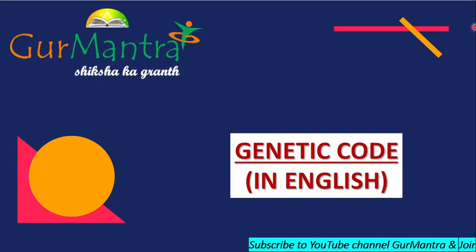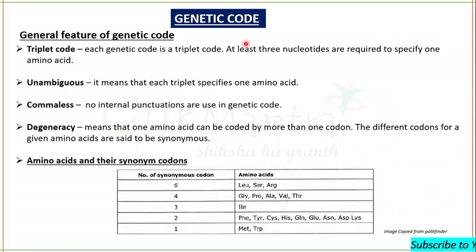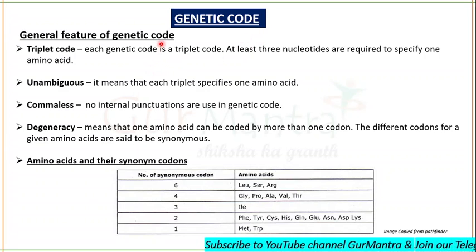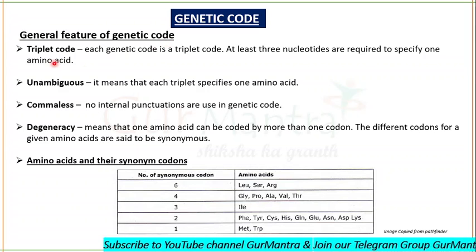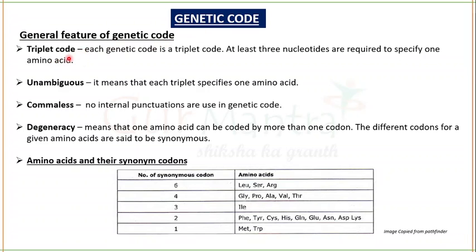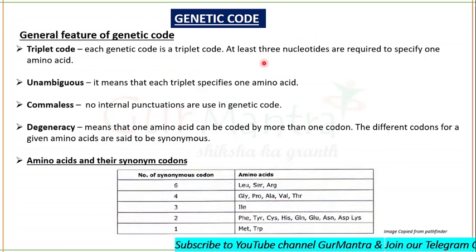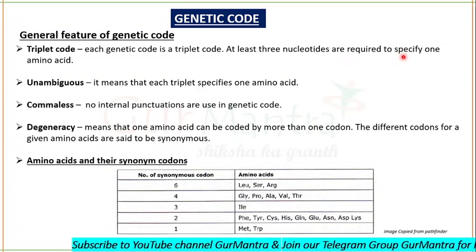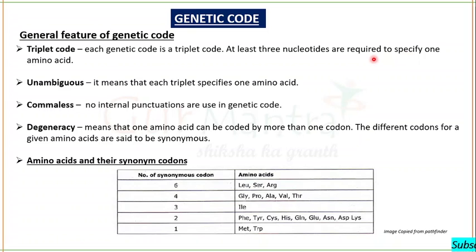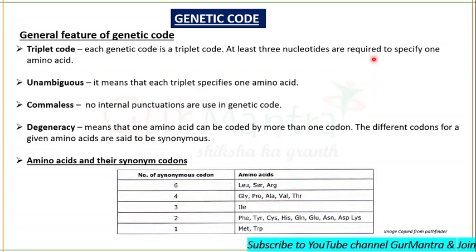Okay, let's start with the genetic code. Let's talk about general features of genetic code first. Genetic code is a triplet code. Each genetic code is a triplet code. At least 3 nucleotides are required to specify one amino acid. If I'm saying methionine, methionine is an amino acid and is encoded by AUG.